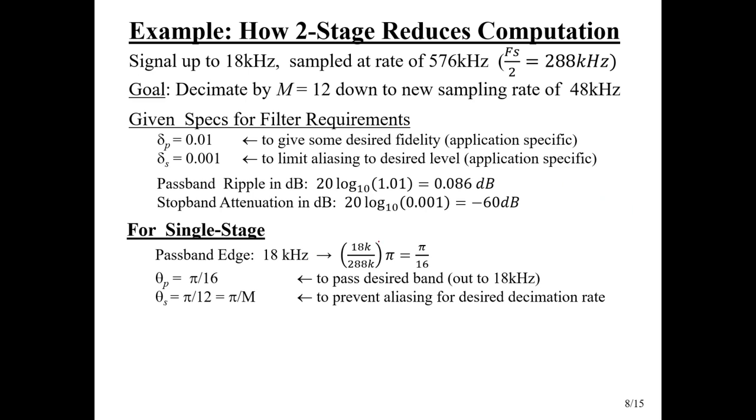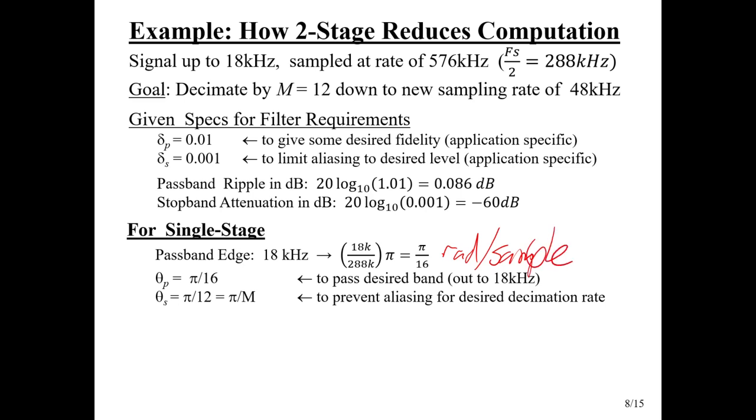So we convert that into discrete time frequency by taking the frequency divided by Fs over 2 times pi, right? Remember, Fs over 2 maps to pi. So that's our rule, and so we can use that rule to map this to pi over 16. And I technically should say radians per sample here.